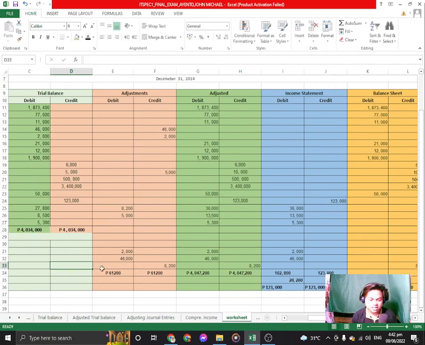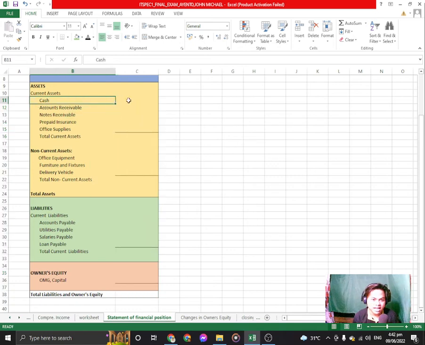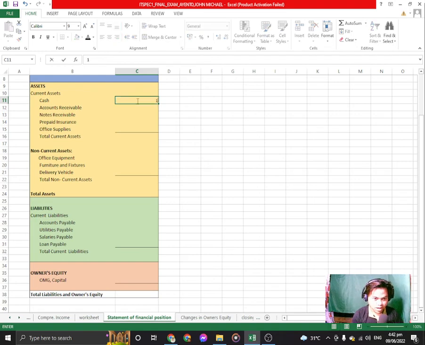Okay, good. So we're down to our statement of financial position. Okay, for the asset, for the cash, we have a 1,873,400. And then for the account receivable, we have the 77,000.